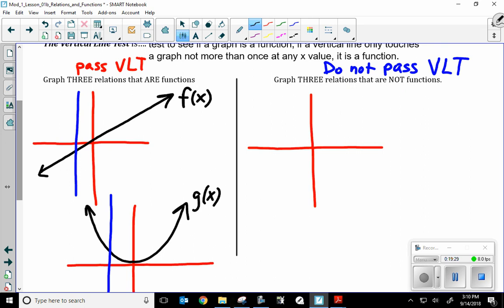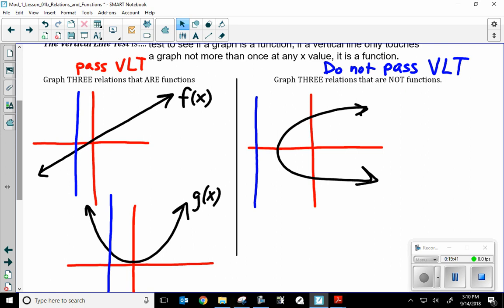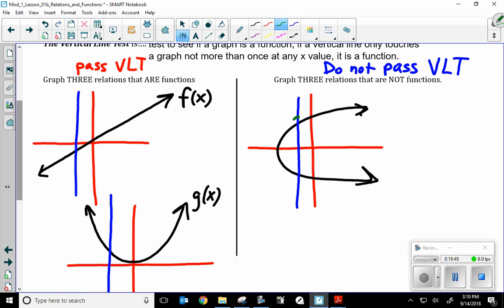Let's do a sideways parabola. Now, if I draw a vertical line, it touches once there, but as soon as I go here, I am touching this at 2 spots with that same vertical line. So that is not a function.